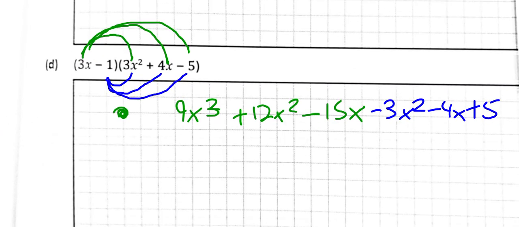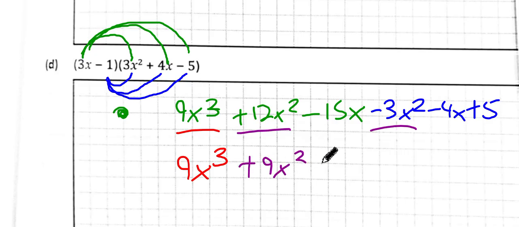Then I have to combine it all together. No other x cubes, just keep it as is. 12x squared, take away 3x squared. Okay. -15 minus 4, minus 19. And then just a plus 5 at the end.